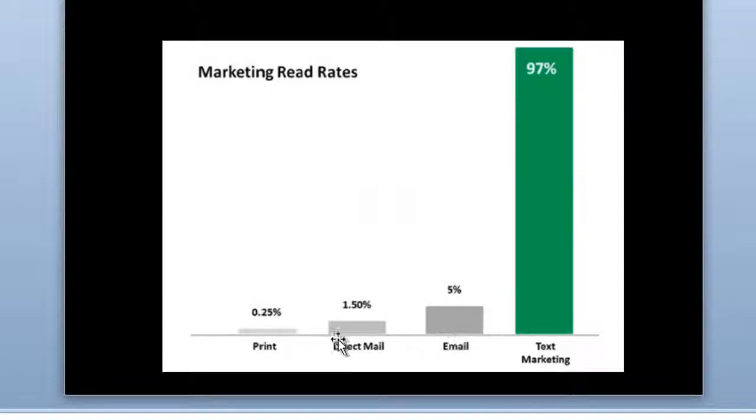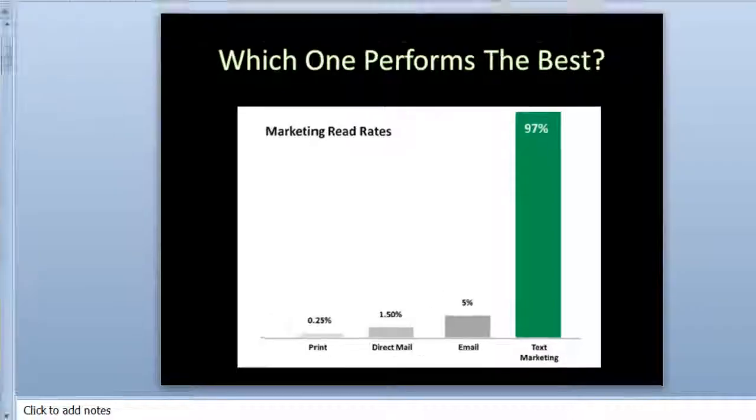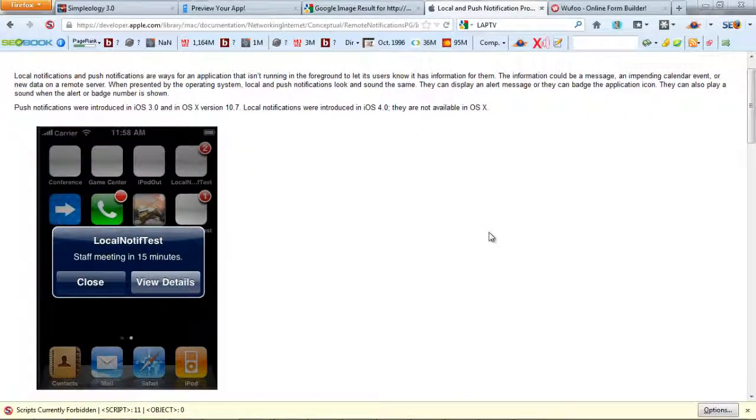That's way better, as you can see, than any print marketing, direct mail marketing, and even the one that people use the most right now, and that's email. Email only has a 5% read rate. Ladies and gentlemen, text message marketing and push notifications have a 97% read rate. If you can even grasp how powerful that is, you understand why it's important to definitely have push notifications in your mobile application.